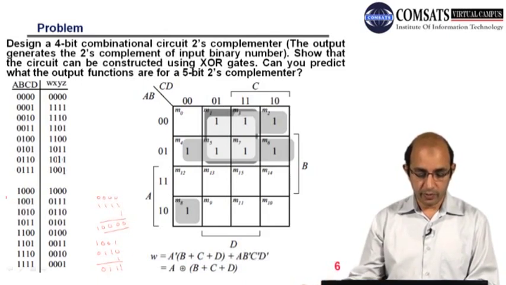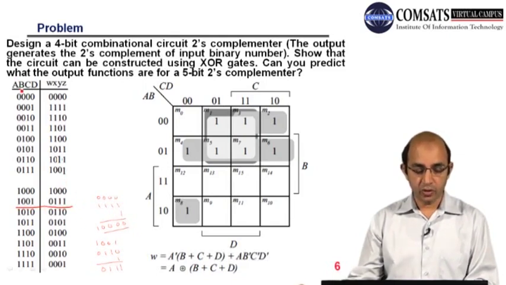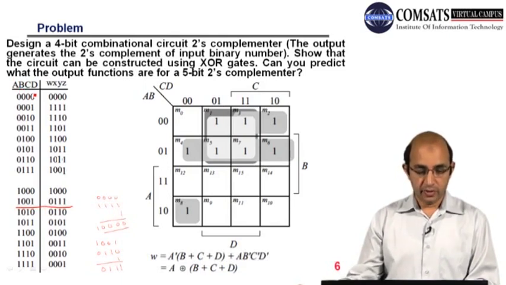So I have taken this combination, and you can see we have 0, 1, 1, 1. So this column represents all possible combinations that 4 input variables can have, and here we have the 2's complement, right? So now we have the truth table, right?